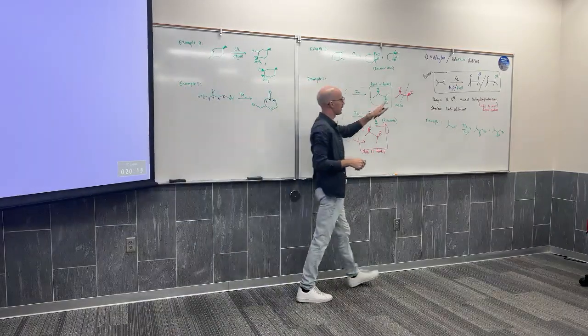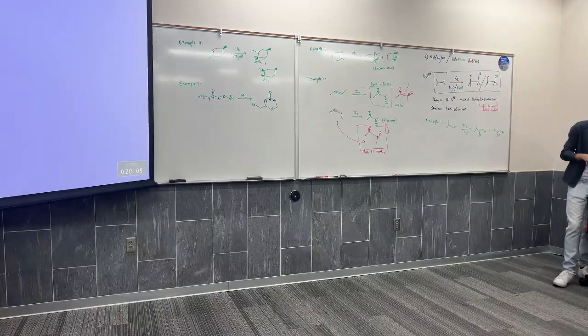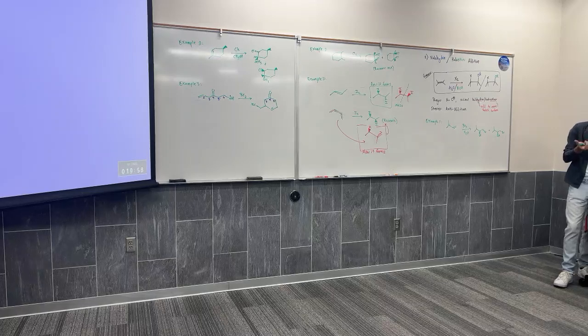Would you agree that this is a vicinal halo ether? Two adjacent carbons are bonded to both a halogen and an ether. It just so happens that this is a cyclic ether, because it went through this intramolecular reaction.